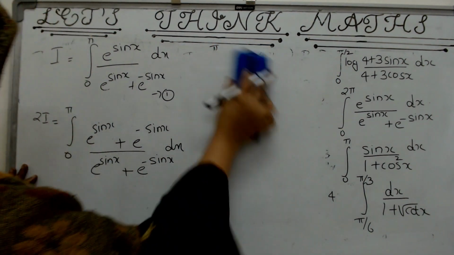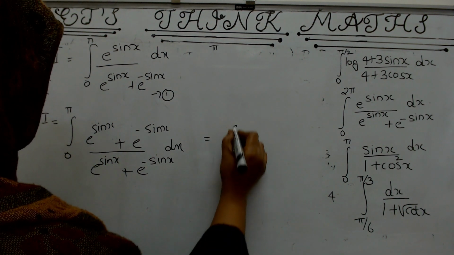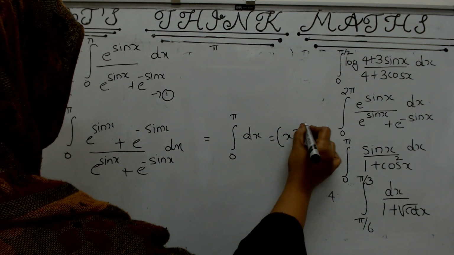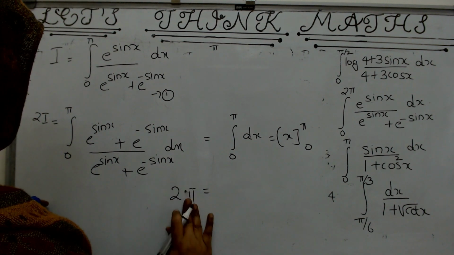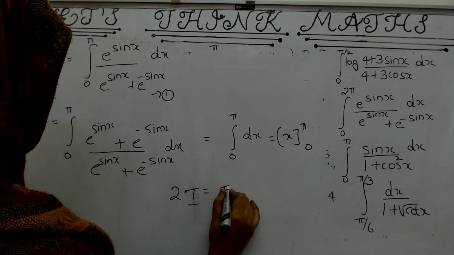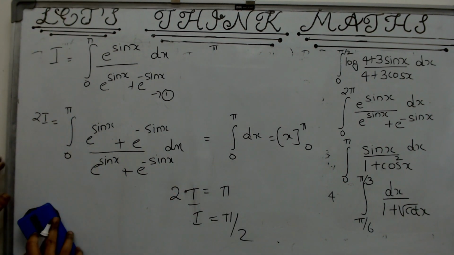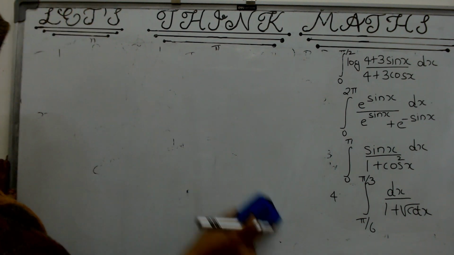You see that again cancel. This becomes 1, or in other words it is 0 to pi dx, which means on integrating you get x. So 2I will be pi. So I will be pi by 2. This is your answer.